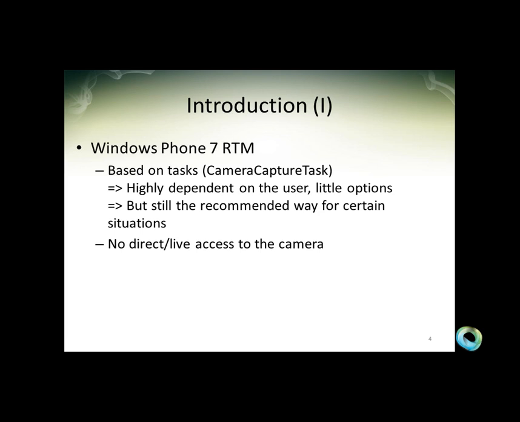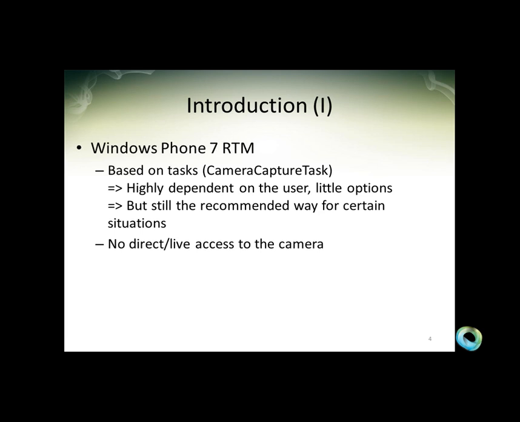This means that this process is highly dependent on the user, and you have little options, actually you have no options for this particular task to set and to influence how the picture is taken, and even whether the user decides to take the picture at all. They might return to your application without having taken a picture or navigate away from your application completely without ever returning.